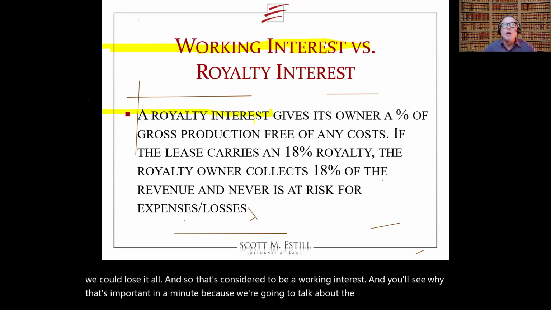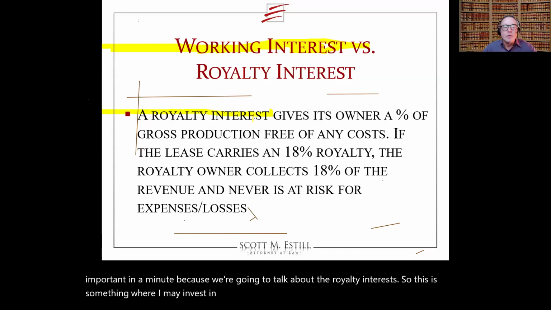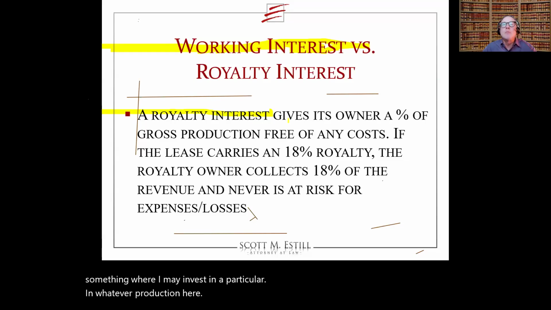So this is something where I may invest in a particular production here, and in return for my investment, I get a percentage of the gross production. So let's say that I'm looking at an 18% royalty.